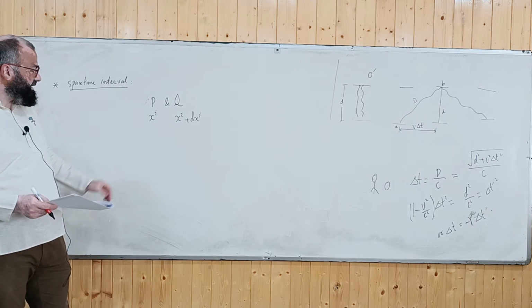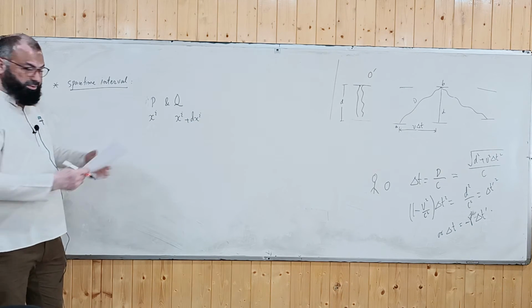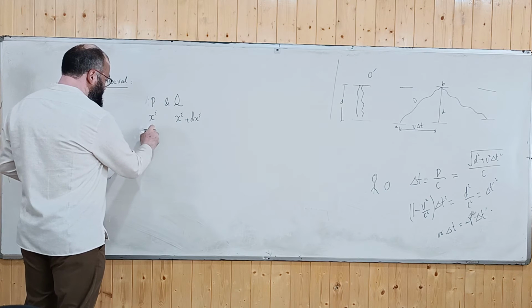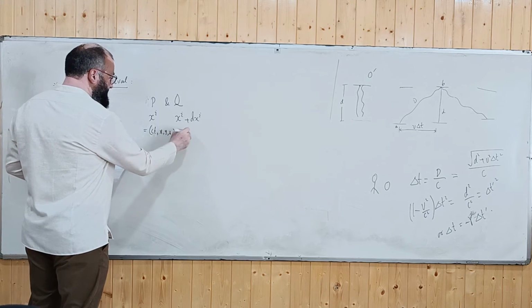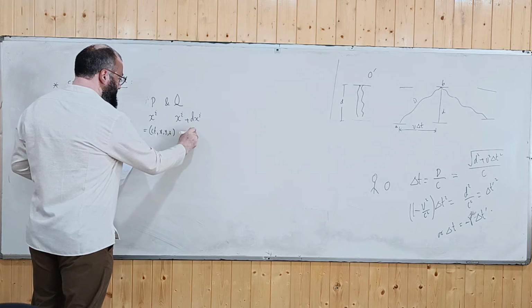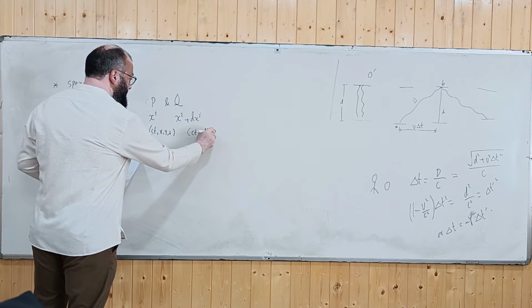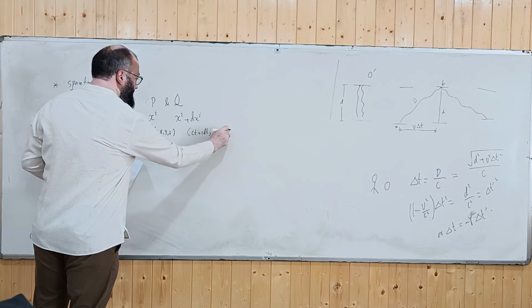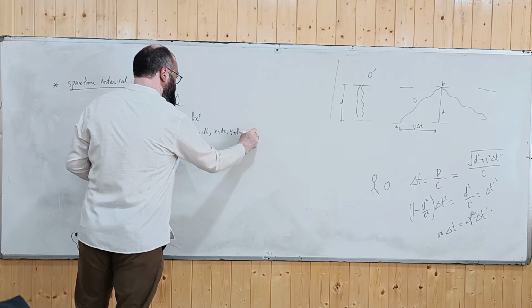For the time being, I am considering two events at xi. Xi means ct, x, y, z, and this means ct plus c dt, x plus dx, y plus dy, z plus dz.